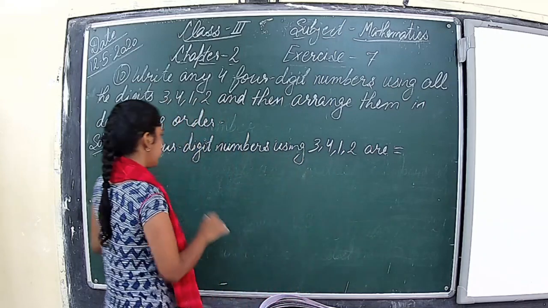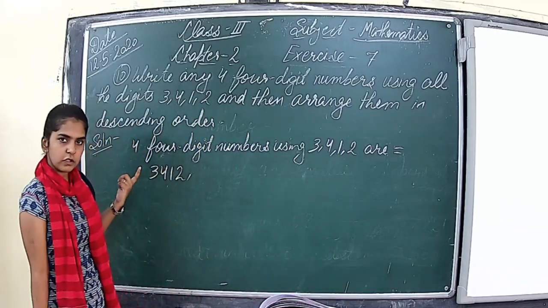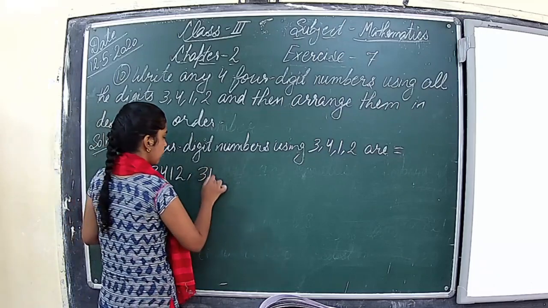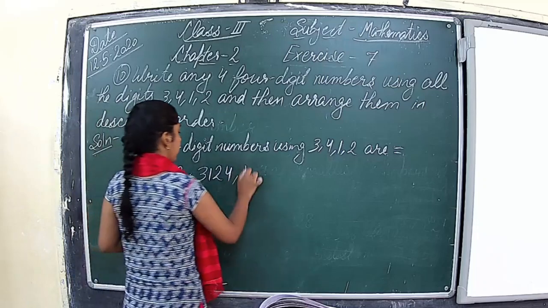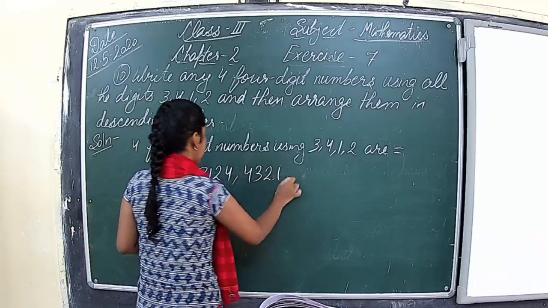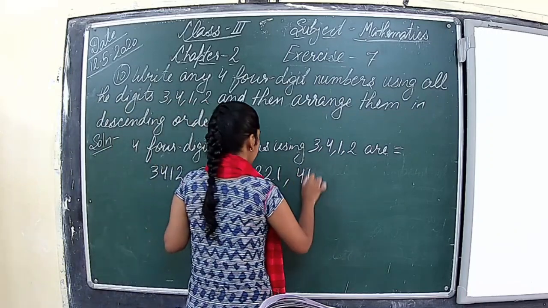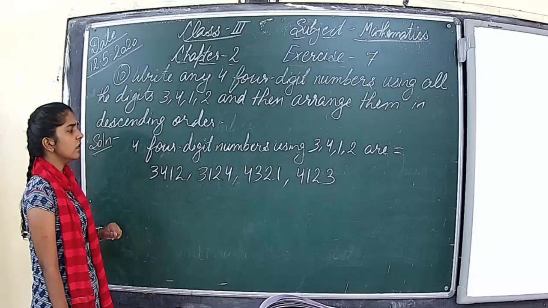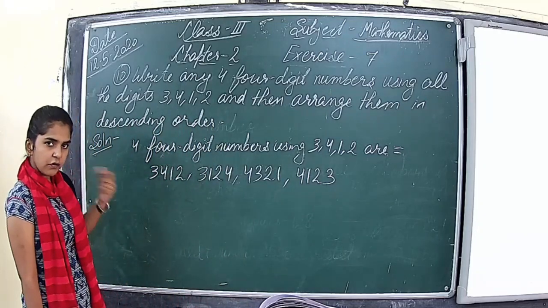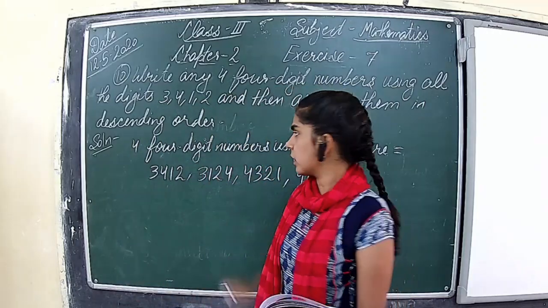So let's start. I am forming a number 3412, 3124. Okay. 4321, then 4123. These are the numbers which I form. You can form your numbers, okay? Any numbers you can form.